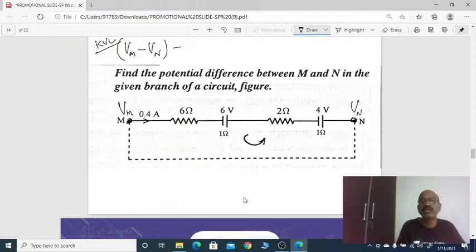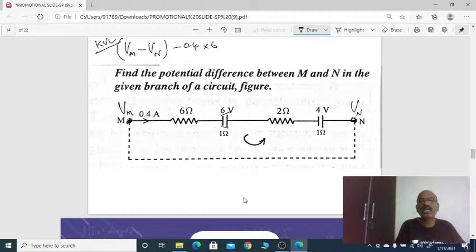Start from here, in the same direction as the current. Minus 0.4 into 6, the VIR, negative sign.